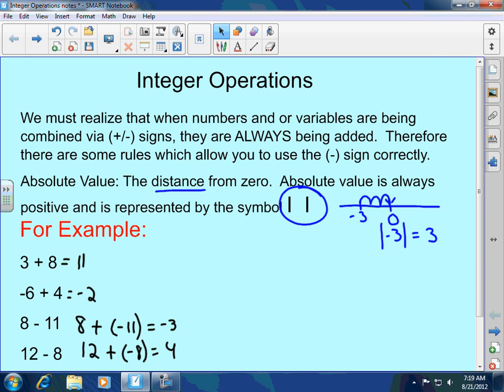Again, a +3 plus a +8, -6 plus a 4, 8 plus a -11, 12 plus a -8. You don't have to separate these, but I want to show you the mechanics of why it works, why there's no subtraction. They're really being added always.